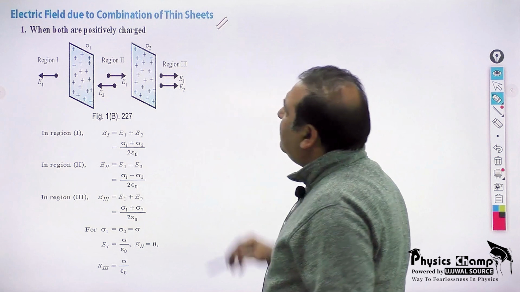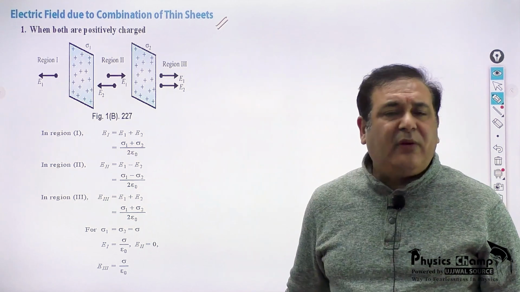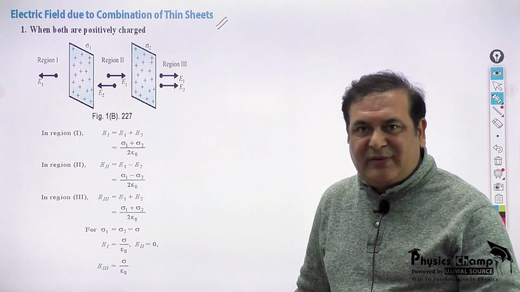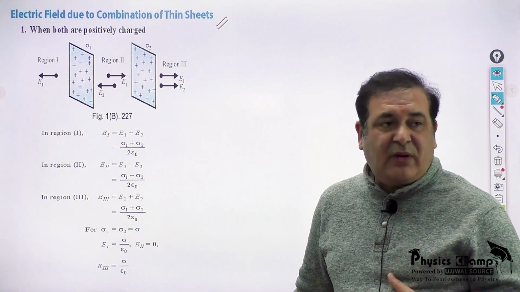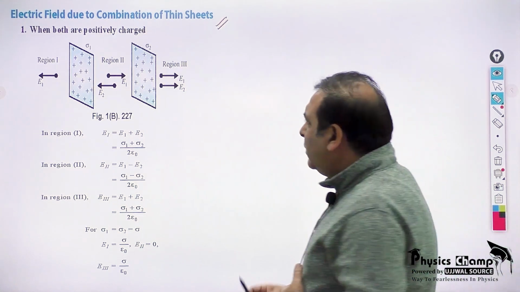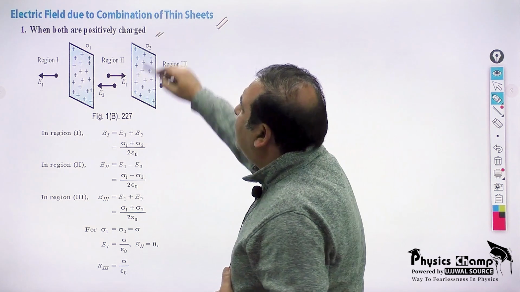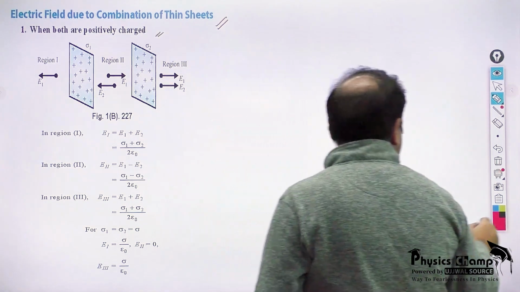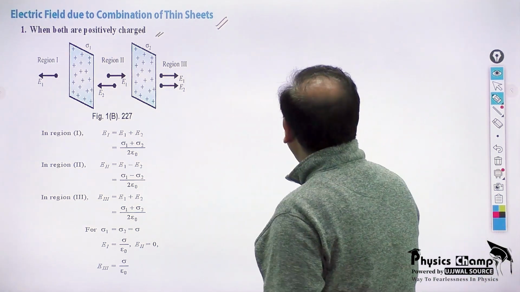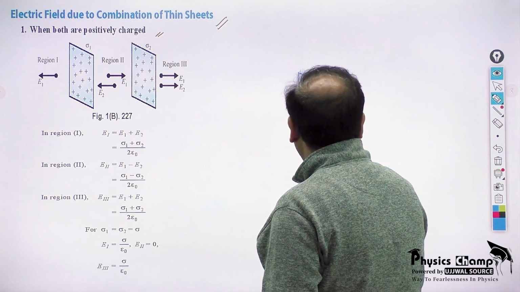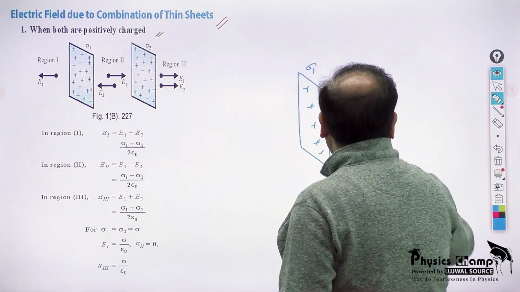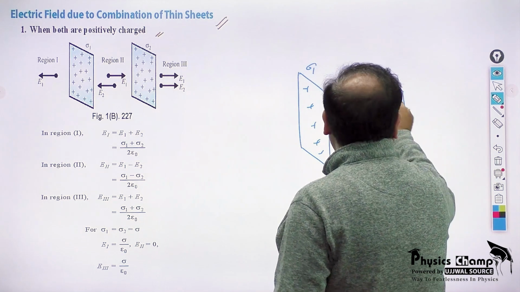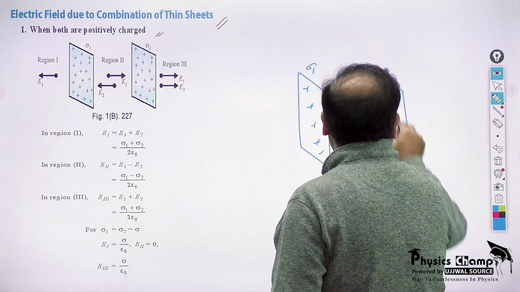So you have electric field due to a combination of two sheets of different charge densities and maybe different sign of the charge. First case, when both are positively charged. So you have here two sheets, both positively charged, but with different charge densities.